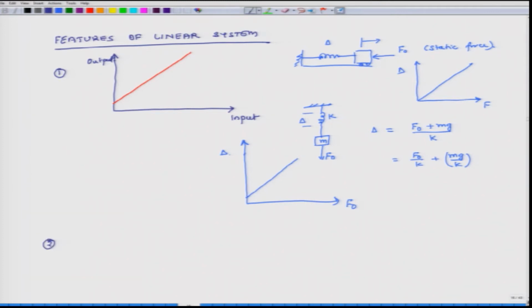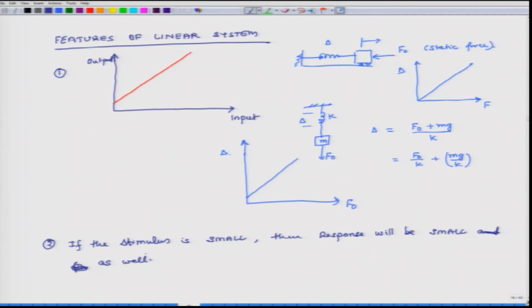A direct consequence of that, of a linear system, is that if the stimulus is small, then the response will be small as well.